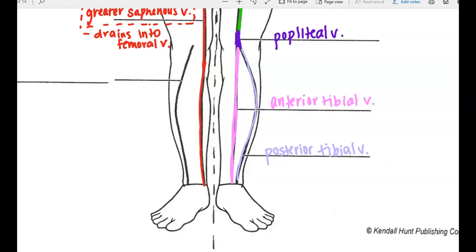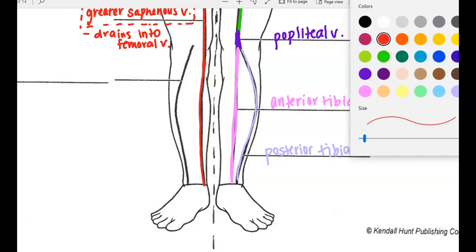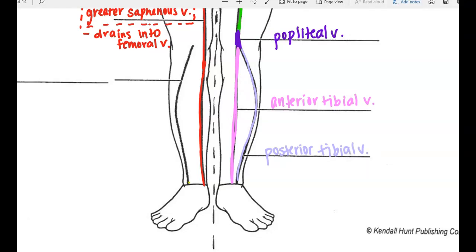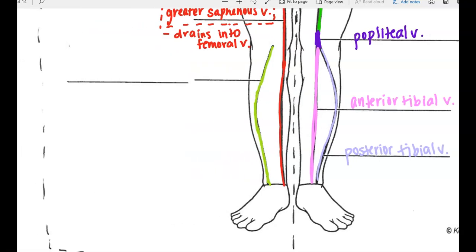Next we have our lesser saphenous vein, and that is going to be found coursing closer to the lateral side of our lower extremity, but it will also course posteriorly and drain into the popliteal vein.